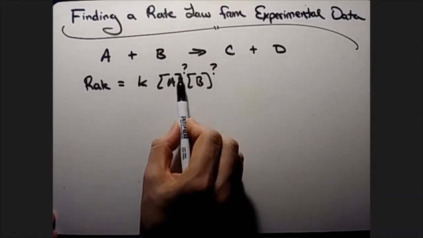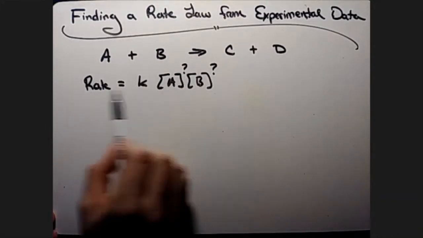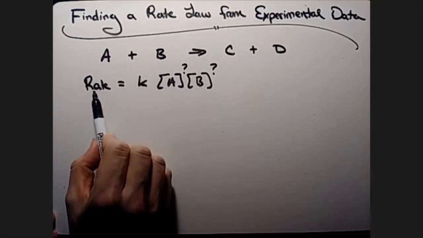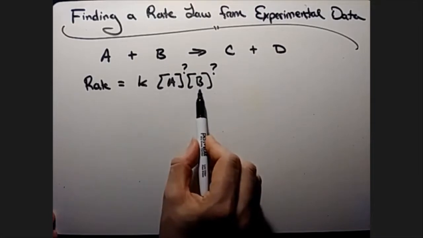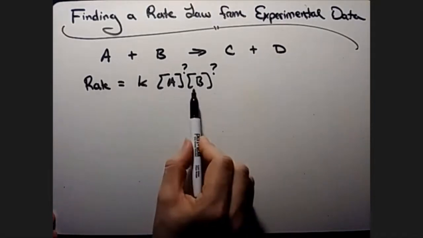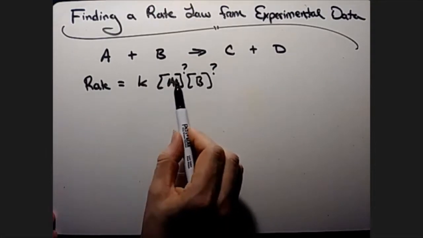Mathematically, I should be able to figure out what this exponent is, depending on what I did to my concentration and what it does to the rate. Then we'll do a second set where we'll actually change the concentration of B and then see how that affects the rate. Now, while we're doing that, we'll want to hold the concentration of A constant.